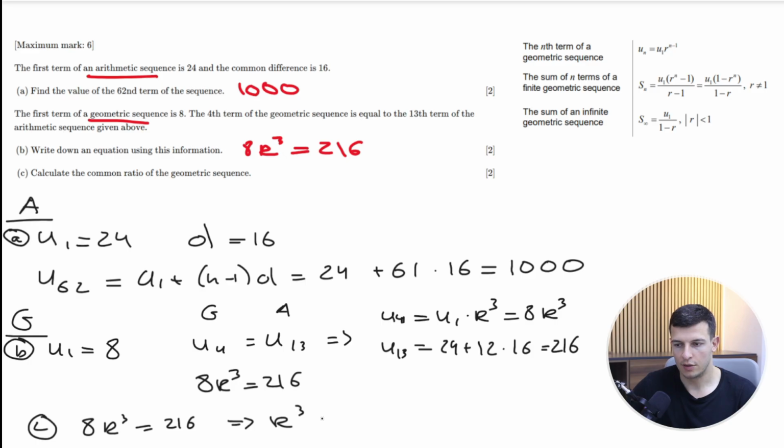From here we can say r cube is equal to 216 divided by 8, which I think is going to be 27. And from here we can find r by cube rooting both sides, and that's going to be equal to 3. So the common ratio of this geometric sequence is going to be equal to 3.